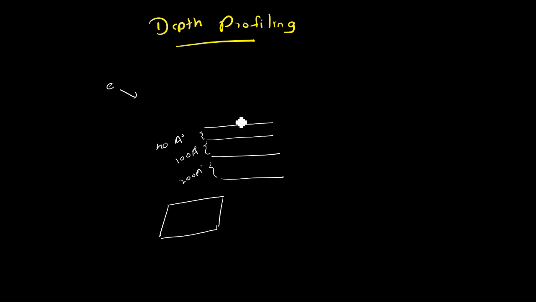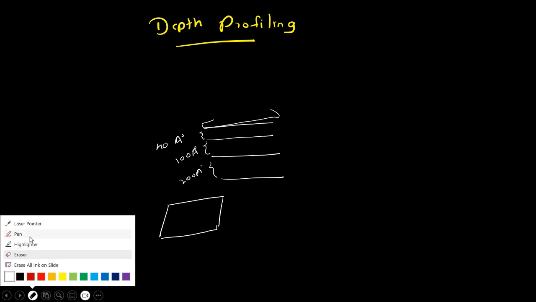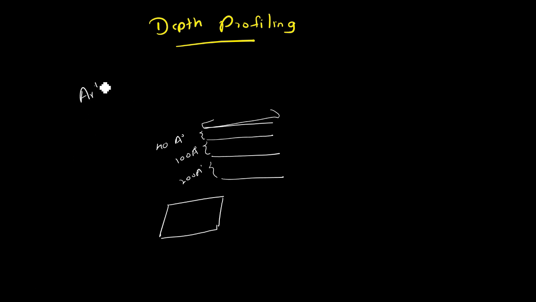After we have done those Auger analyses, we get some idea about the surface of our material. Now, after the surface analysis, we need to go into the depth of our material. What we are going to do is introduce some high energetic ions like argon plus.